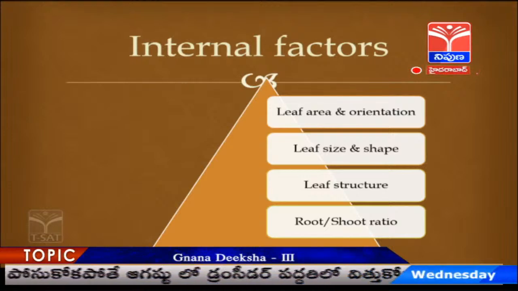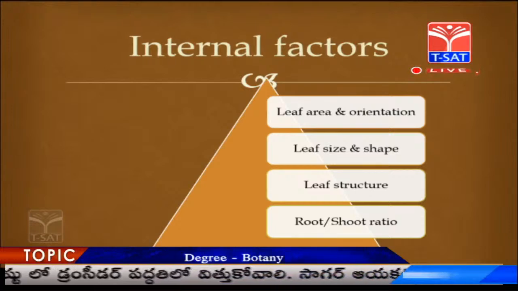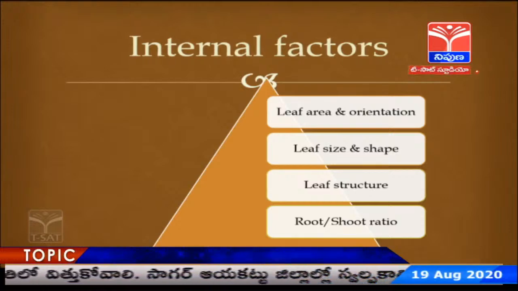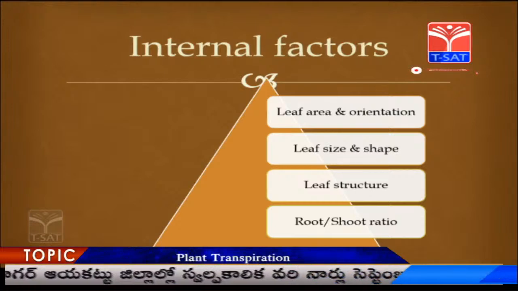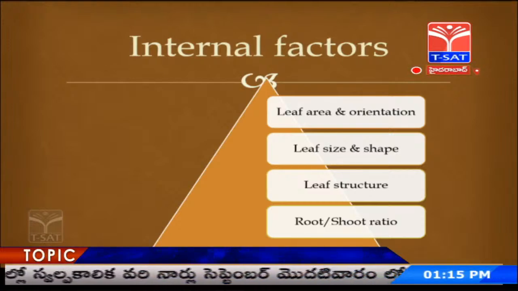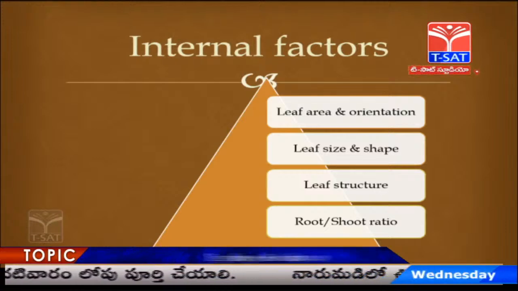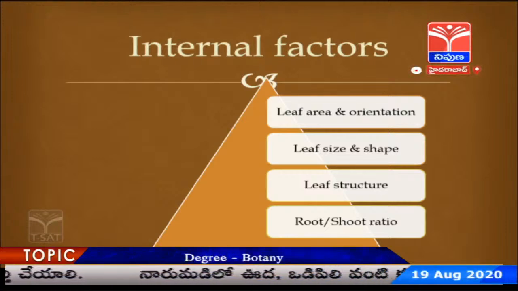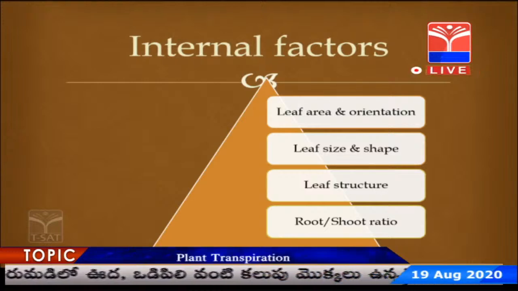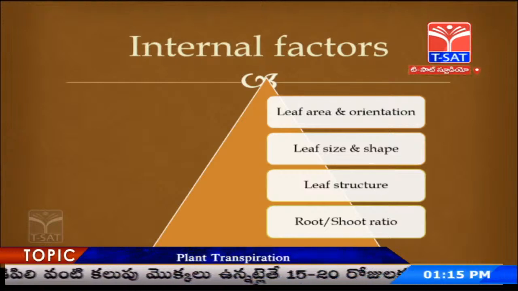If you are talking about the size and shape of the leaf, smaller, dissected leaves show a higher rate of transpiration because they have more vapor caps on them. Boundary layers are present in greater number, hence the rate of transpiration also increases in smaller leaves compared to broader leaves.